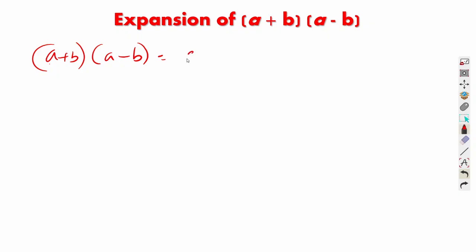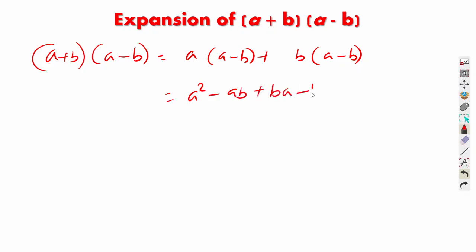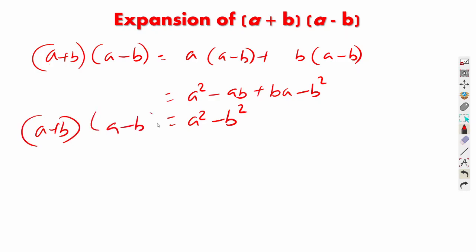We will write it like a into (a minus b) plus b into (a minus b), correct? Which is equal to a square minus ab plus ba minus b square, which is equal to a square minus b square. This is also a binomial expression, of which expansion is (a plus b) into (a minus b).